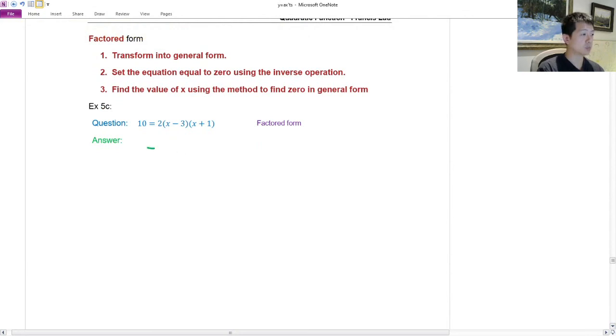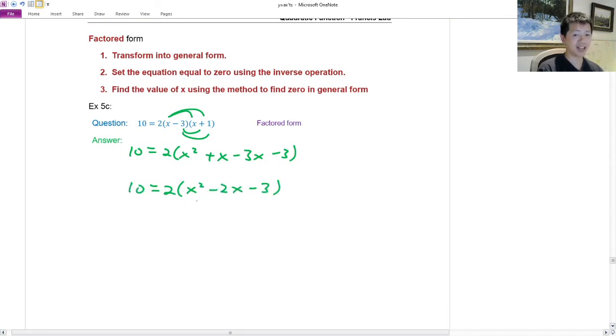So I have to multiply the bracket. 10 equals 2 times (x squared plus x minus 3x minus 3). And I have to simplify it, so minus 2x minus 3, and multiplying the 2 inside is going to give me 2x squared minus 4x, sorry, minus 6 equals 10.